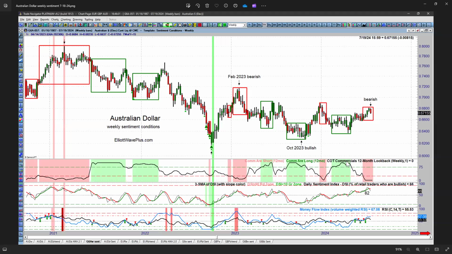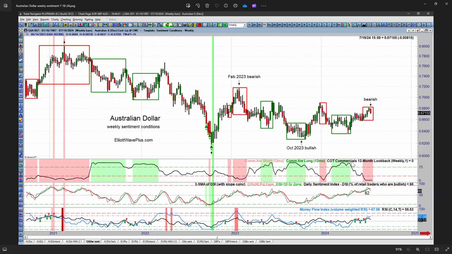So here's the commercials positioning. In the case of, for instance, a commodity, a commercial is any entity whose business entails producing that commodity or selling it, marketing it.